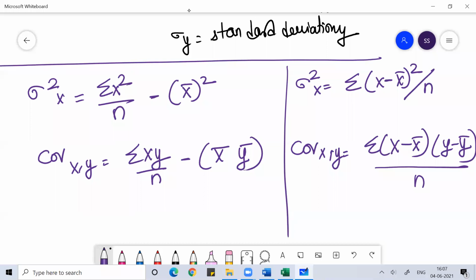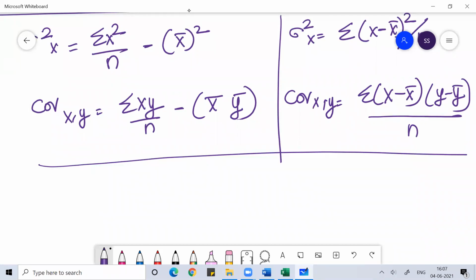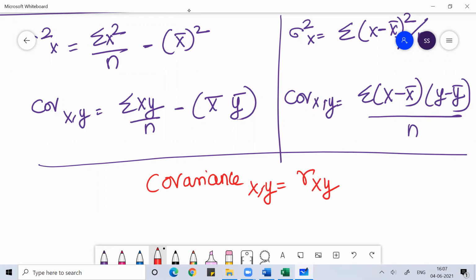So this is the formula of covariance, guys. You know the formula of standard deviation very well. I just now told you the relation. Please remember the relation that covariance between x and y is equal to r, meaning coefficient of correlation between x and y, into standard deviation of x into standard deviation of y.